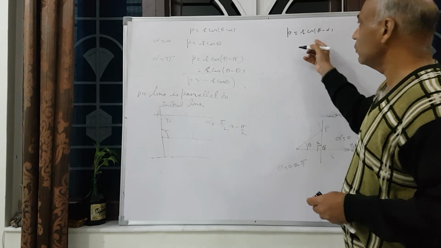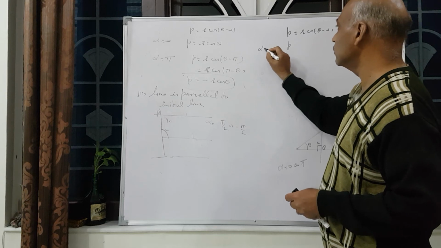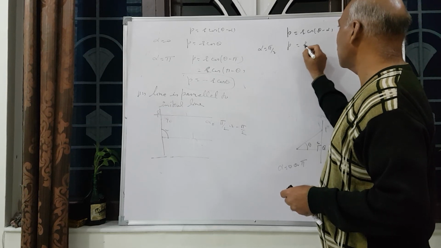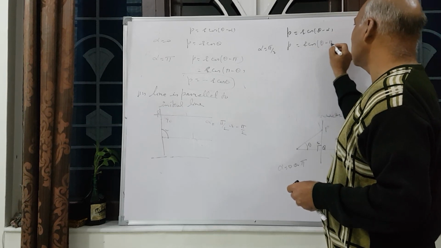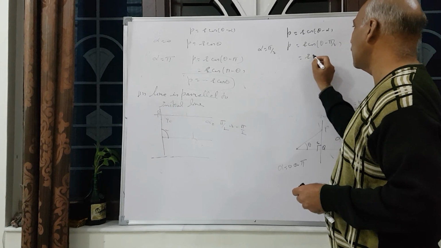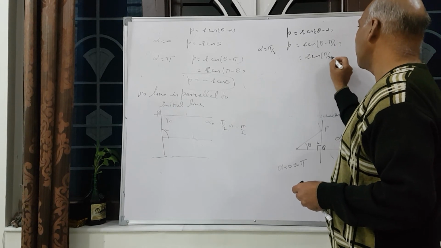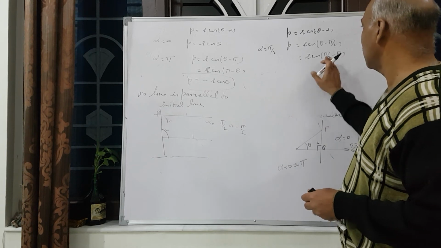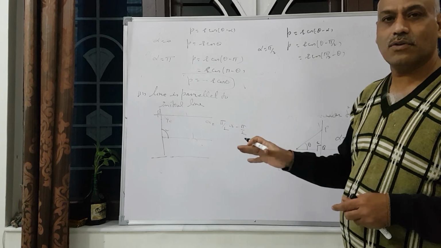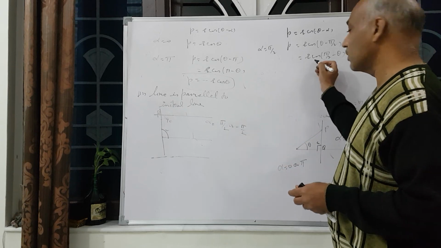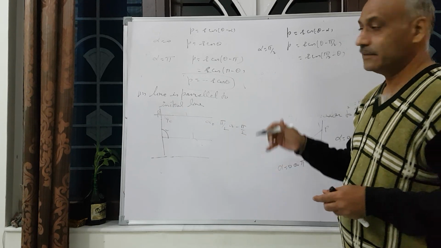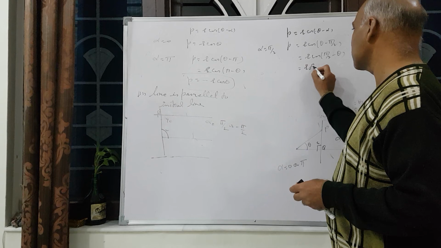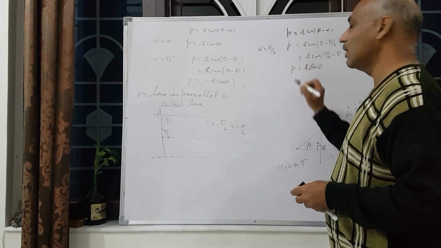If alpha is equal to pi by 2, then r cos(theta minus pi by 2), or r cos(pi by 2 minus theta). Cos of minus theta is cos theta. Pi by 2 minus theta is in the first quadrant, where all remain positive, and cos changes into sin. So this becomes r sin theta. P equals r sin theta.